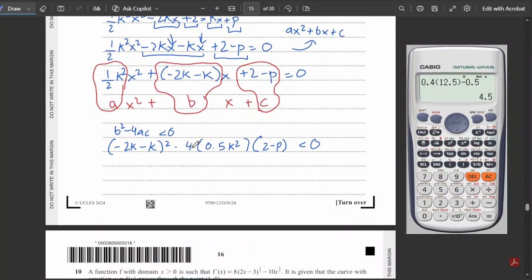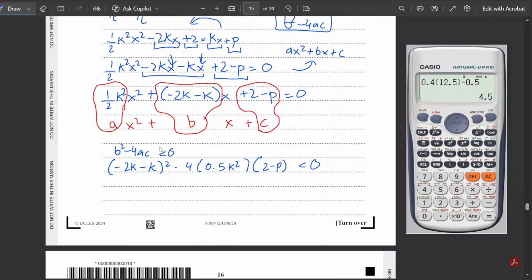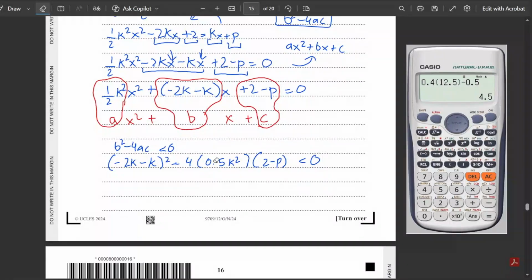I don't think I'm going to have space over here. Okay, so we can simplify all of this first. This is going to be 4 times 0.5. 4 times 0.5 is going to be 2. Let me just write it over here. So 4 times 0.5 is going to be 2k squared, and then 2k squared times 2, and remember there's this minus sign as well.